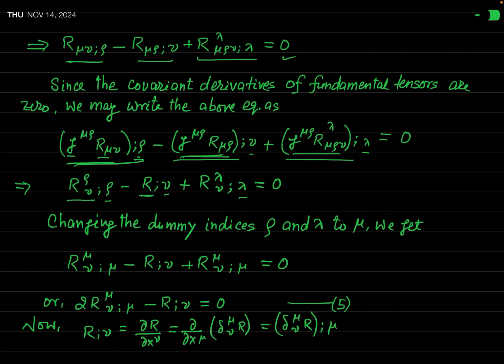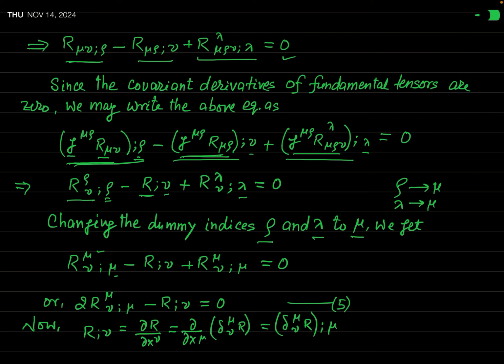Now to write this expression in a proper form, let us change the dummy indices rho and lambda to mu. It means rho will now be changed to mu, and lambda will also be changed to mu. So instead of rho and lambda in each term, we will now write mu. In the first term there is rho and that will be replaced by mu, and here there is also rho that will be replaced by mu.